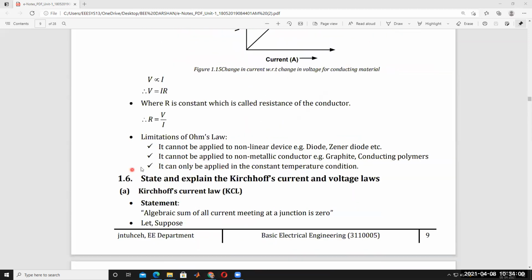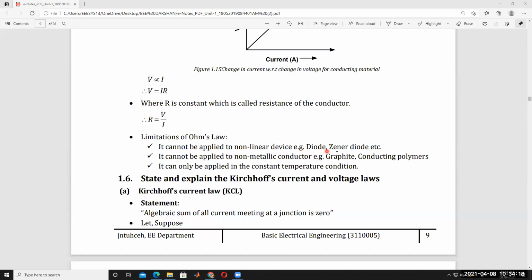Limitations of Ohm's law: it cannot be applied to non-linear devices, for example diode, Zener diode, transistor, BJT, IGBT, MOSFET. Ohm's law is not applicable for electronic devices.